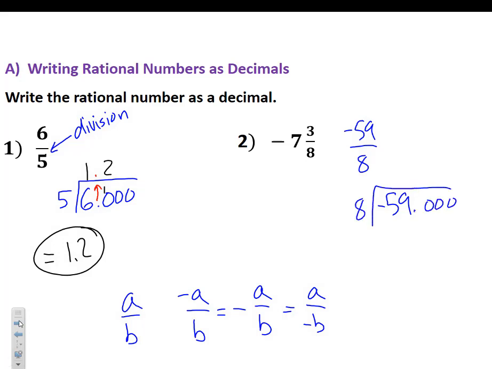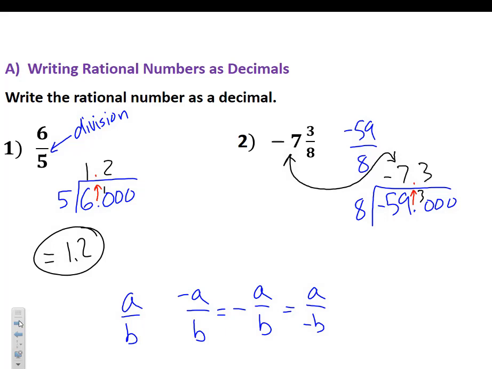Then remember to put that decimal up into the answer. And now I know that 8 goes into -59. That's -7 times. Notice that that -7 matches the -7 of our whole number. Outstanding. Okay, so 8 times 7 is 56. There's 3 left over. That would give me 30. 8 goes into 30 3 times.